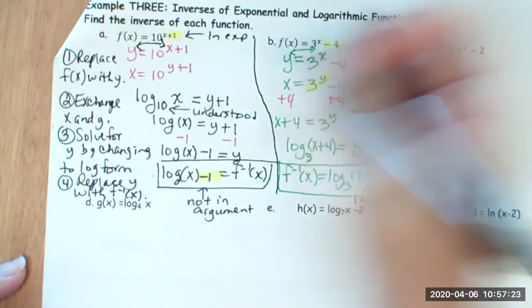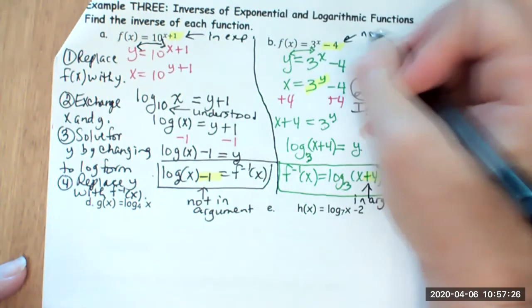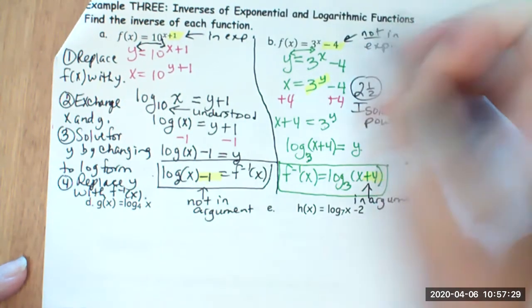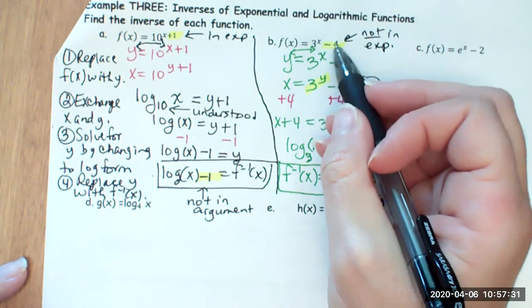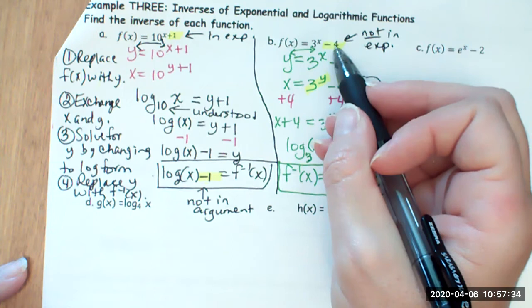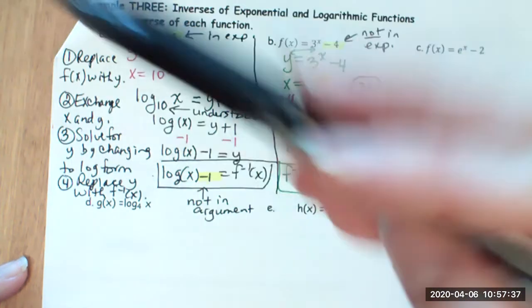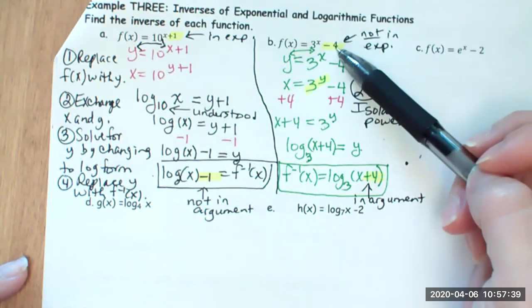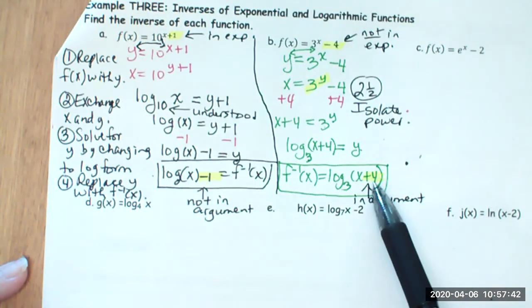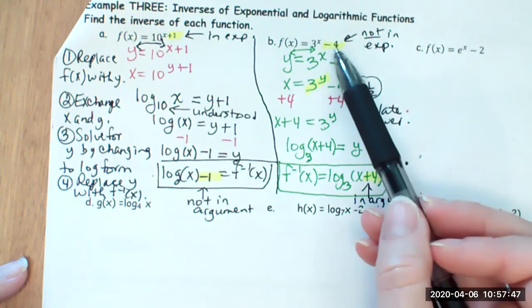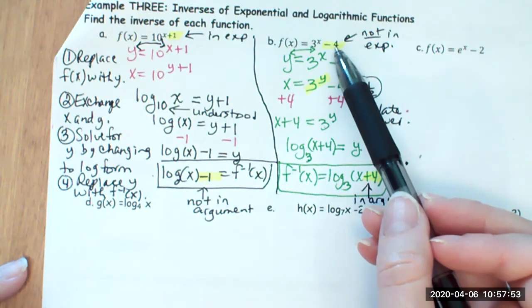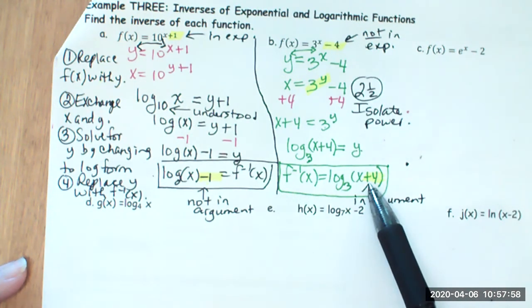So it's just the reverse of part A. If you see a number that shifts an exponential function up and down, it's changing the horizontal asymptote, and it's going to change the vertical asymptote of the logarithmic function. Here, the horizontal asymptote is the value of k, y equals -4. The vertical asymptote here is x equals h, x equals -4.